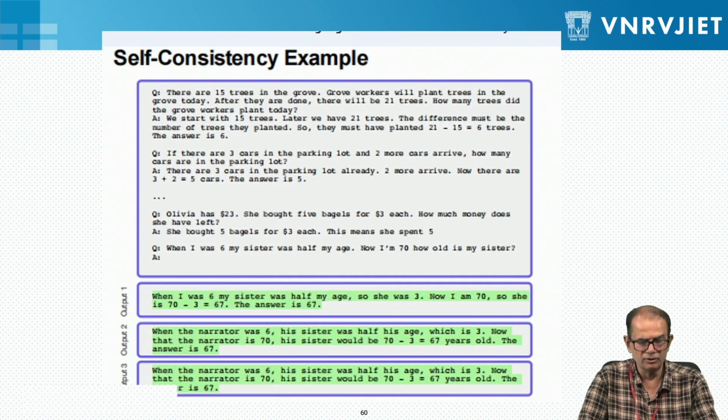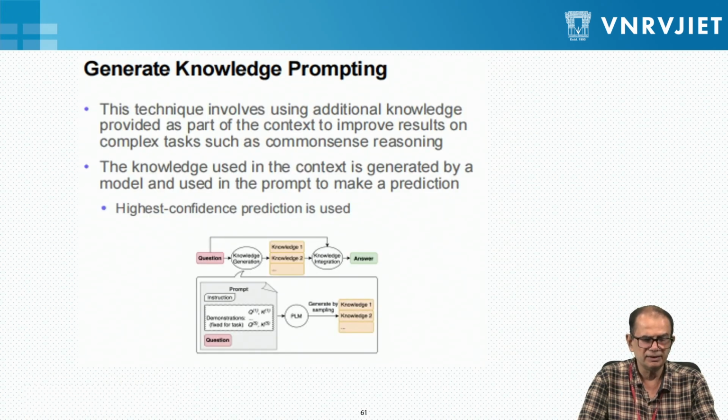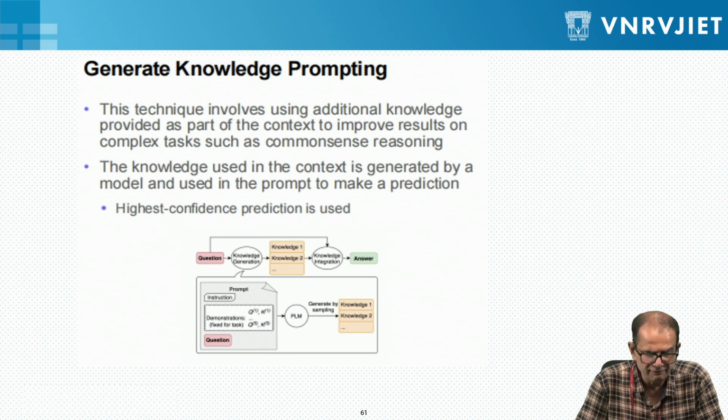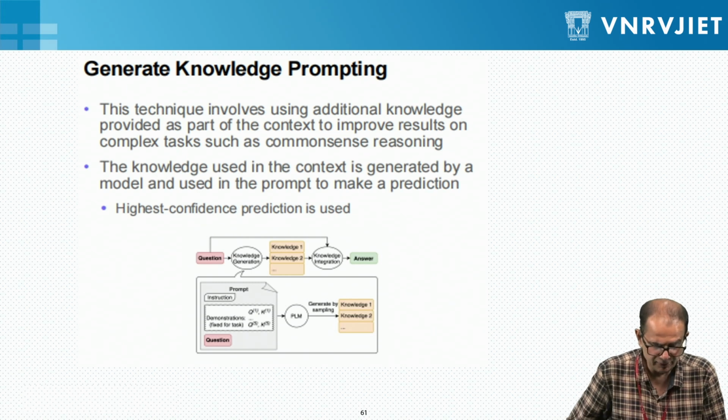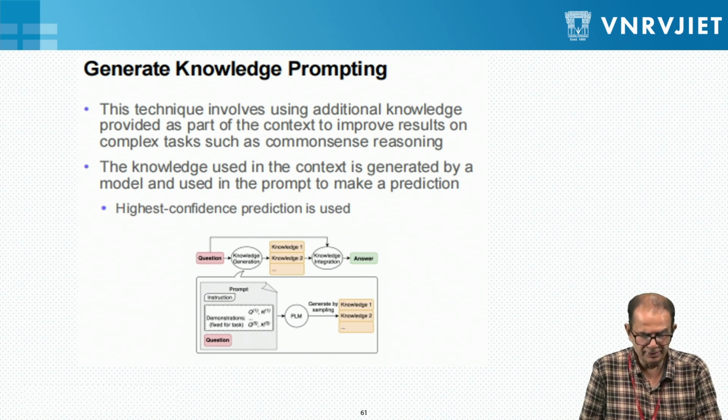Okay, as you can see out here in this particular example, these are some of the ways in which we can give prompts. Okay, now I can also generate the knowledge prompting, which I can do. Typical example that we have out here is basically I give a particular question and then basically I get the answer for that.